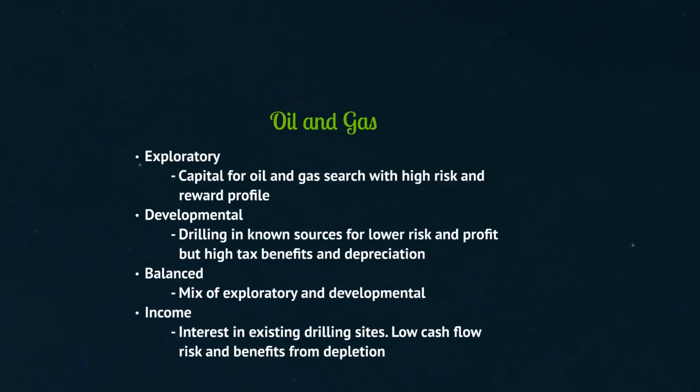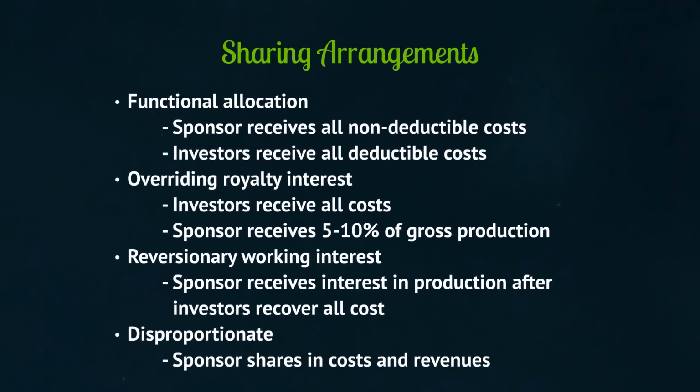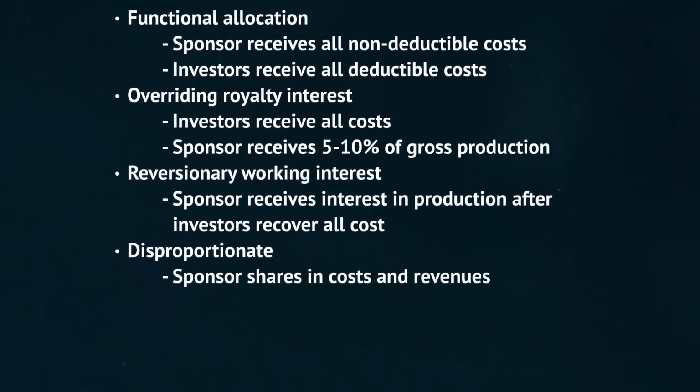We also want to know how we share the costs and the incomes and production from these types of investments. So there's different types of sharing arrangements, functional allocation, something called reversionary working interest, and disproportionate. So you'll want to know that before you get into this type of arrangement as well.